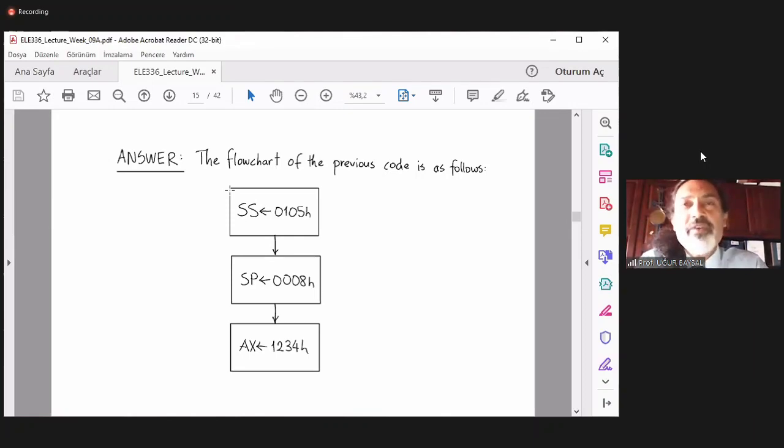So if you have not done the homework, unfortunately, you may not get any credit in the midterm examination. That's, I think, the second week that I'm repeating this important aspect of the midterm.